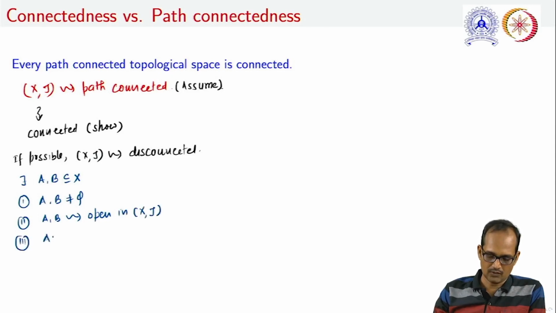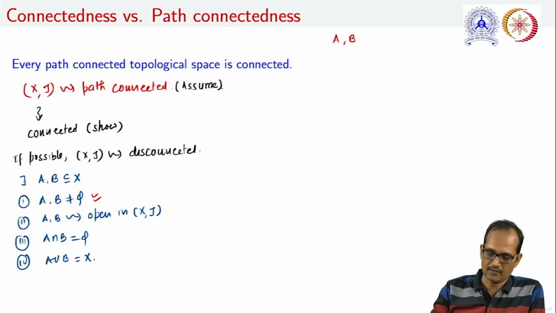We also know that they will always be disjoint and their union is nothing but X. It is to be noted here that A and B are non-empty, so we can take some elements in these. So let us take x in A and also let us take y in B.